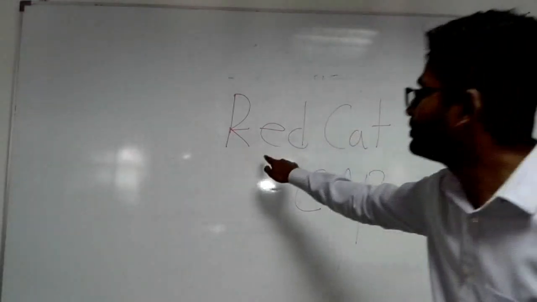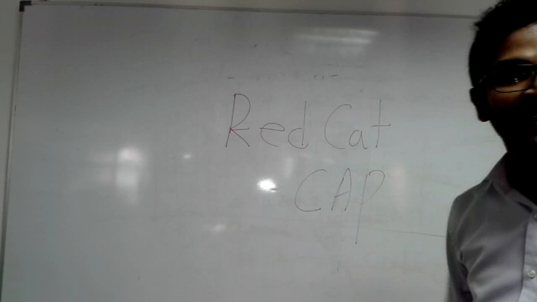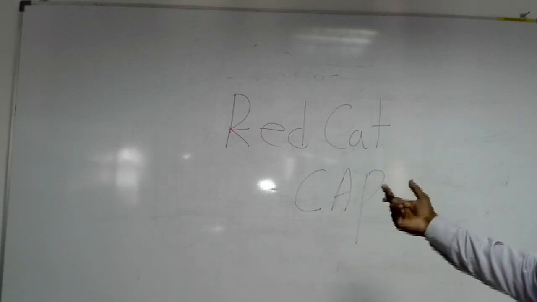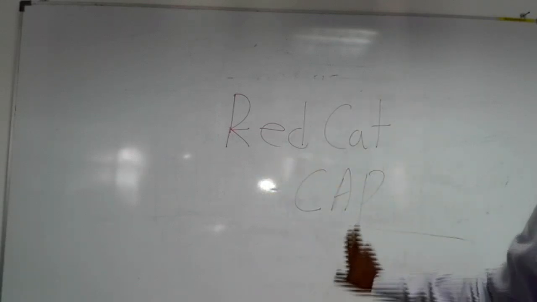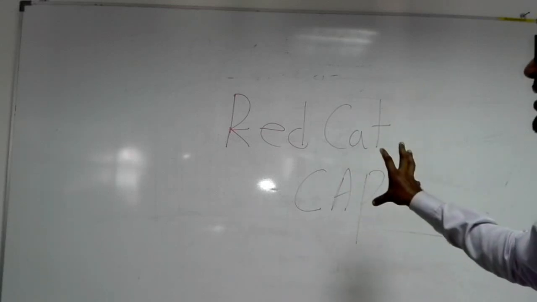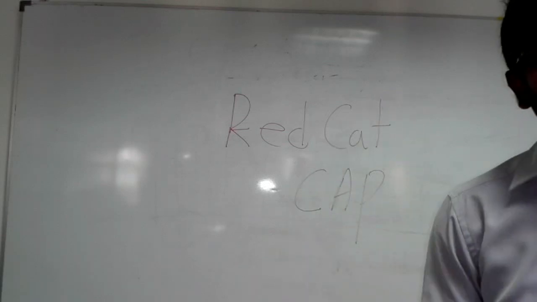REDCAT means the reduction part is the cathode, and the cathode is the positively charged end. That is simple, just keep it in mind. The other part is the anode: the anode is negatively charged, and the anode is the oxidation part. Just keep it in mind, very simple. Any type of electrochemical cell, you can use this to solve.